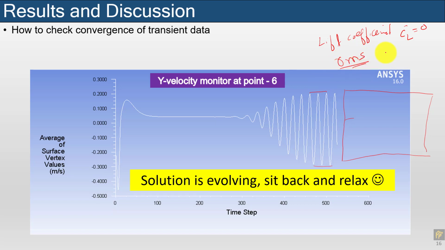Root mean square means we square every value, like CL at time step 1, time step 2, time step 3. If there are 3 values, then divide by 3 and take the square root. This is how we get a positive quantity, and this quantity will be the same for the same Reynolds number, whether you do the simulation yourself or anybody else does it at some other place. So RMS is the best criterion if you want to compare lift coefficient.